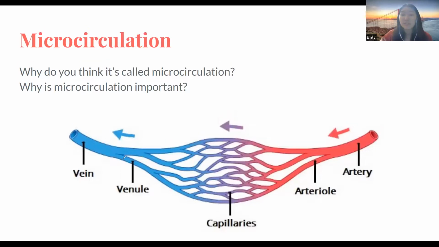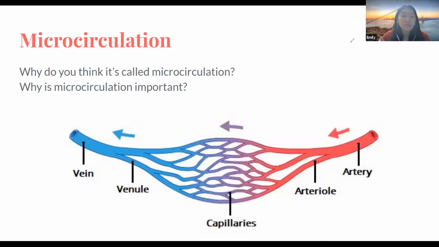So we talked about this ginormous structure, the heart, and all of the giant veins and arteries coming off of it, like the aorta and the pulmonary veins and the pulmonary arteries. But not everything in the circulatory system is as large as that. In fact, it's going to be a lot smaller.